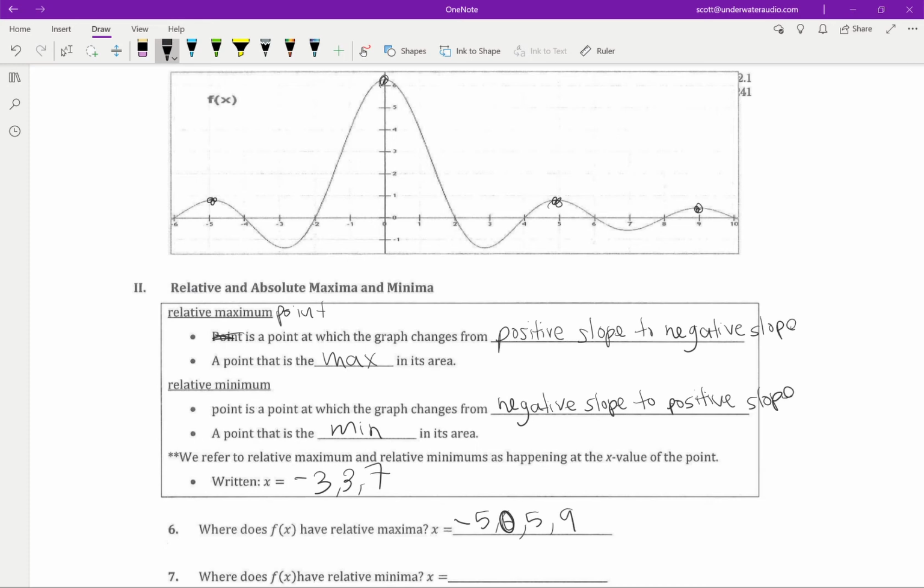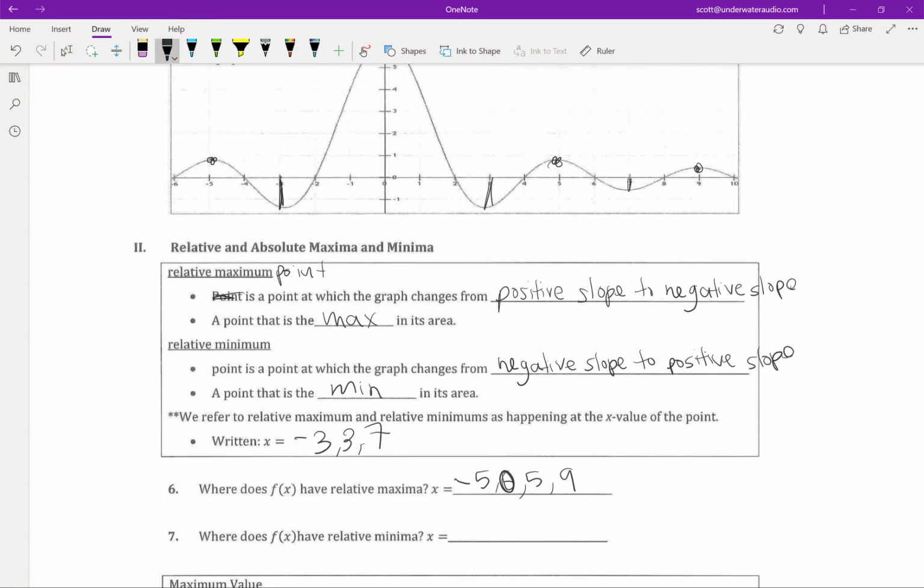And then where it has a minima, that happens here, here, and here. So let's see, that's -3, 3, and 7. It's pretty cool.